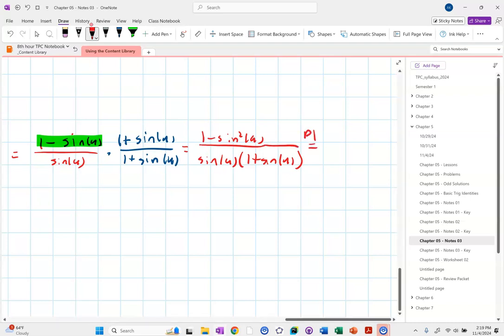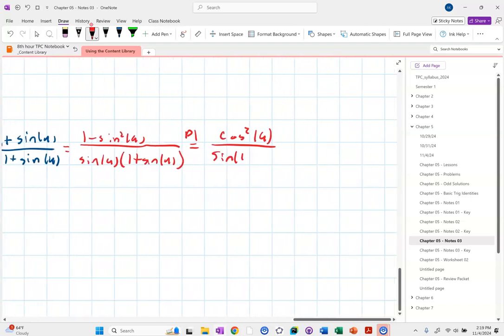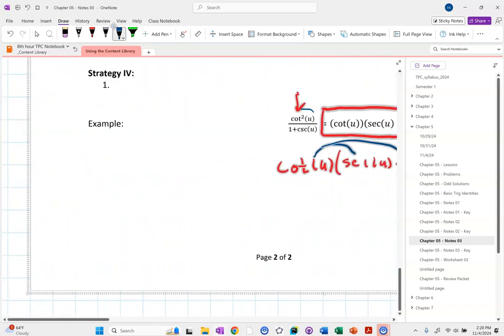If I look at the numerator, that's cosine squared. Okay. And if I look at the end where I'm trying to get to, this cosine squared has got to turn into cotangent squared, right?